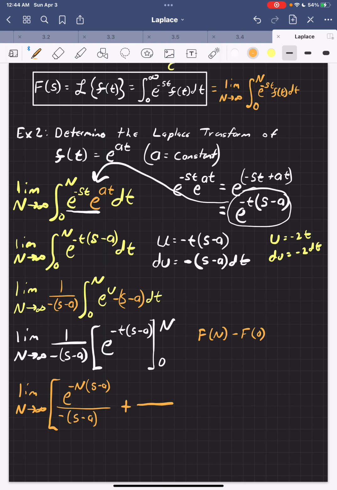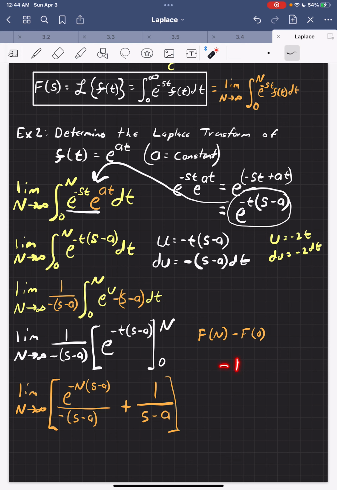Now plugging in 0, e to the 0 is just 1. And at that point, I just have s minus a. Yeah, I'll go ahead and write it as s minus a. I hope that makes sense.